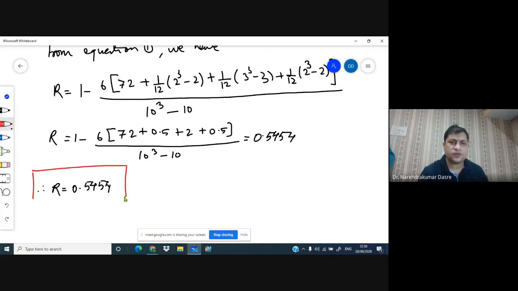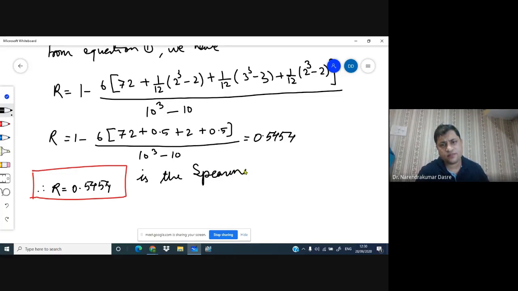Okay, so this is the Spearman's rank correlation coefficient.